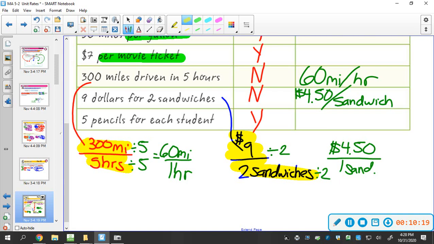Notice the 1 is always in the denominator, never in the numerator. We want to say per one of something, for one of something, for each, for every, for one. Those are our unit rate words. Okay? So it would end up being $4.50 per sandwich. And the 5 pencils for each student, that's already a unit rate.